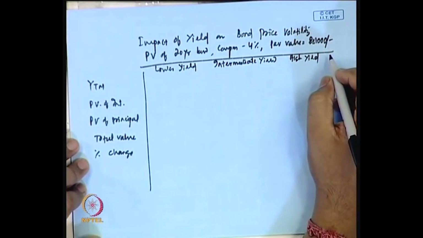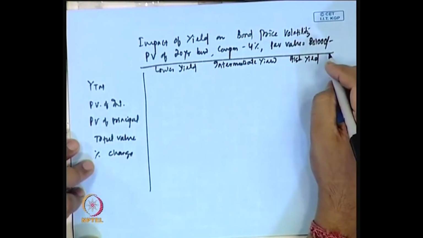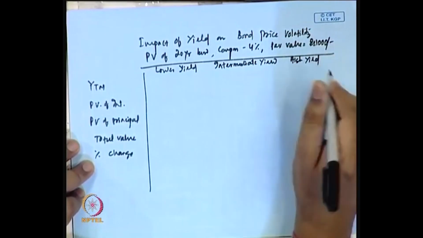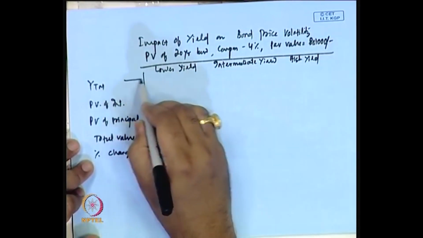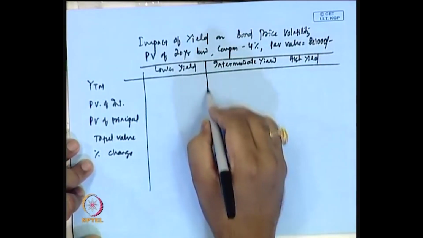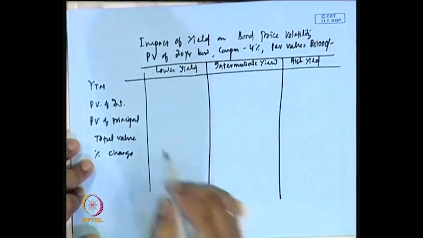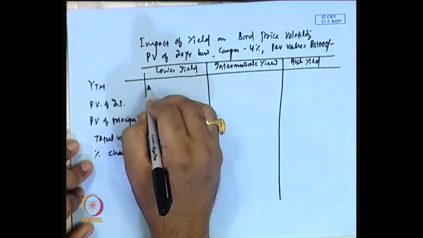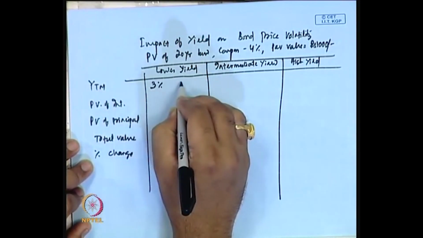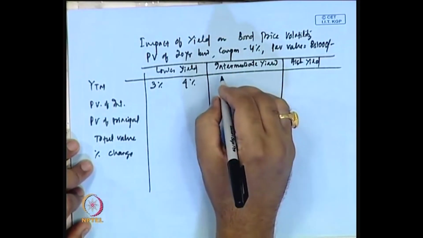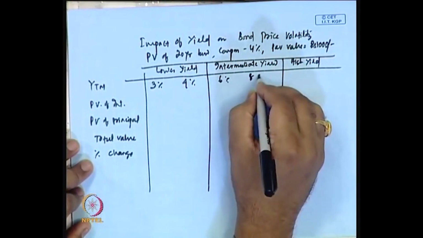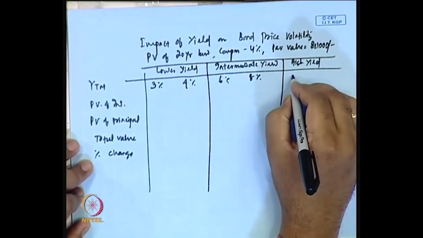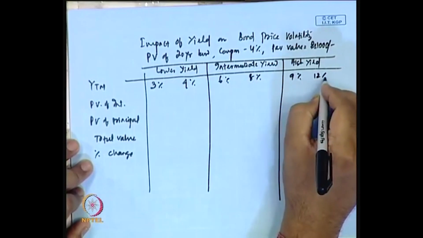You can write that also, high yield you can take this 3. What we can observe here, 3% was there, then it has increased to 4%, 6.2, 8%, then 9% to 12%.